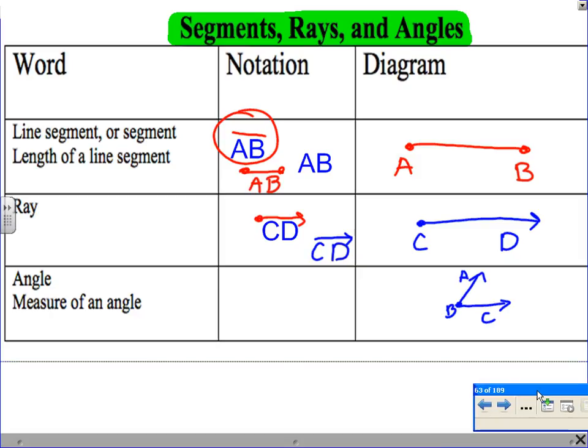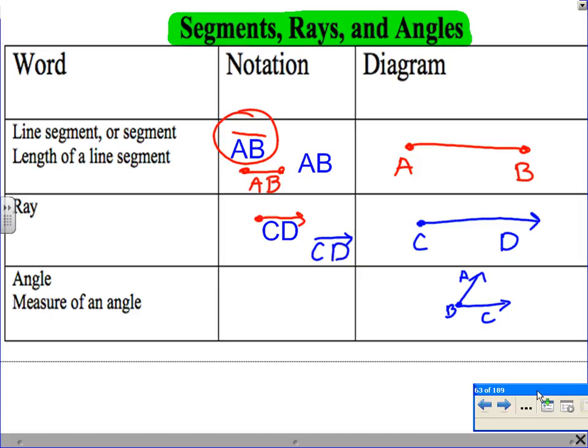Here's a ray, here's a ray. The point where they meet is always called the vertex. An angle goes on forever in these directions, but of course this does not. So we could still argue what goes faster, a line, a ray, or an angle. They're both going to go on forever, so I can't really answer that.